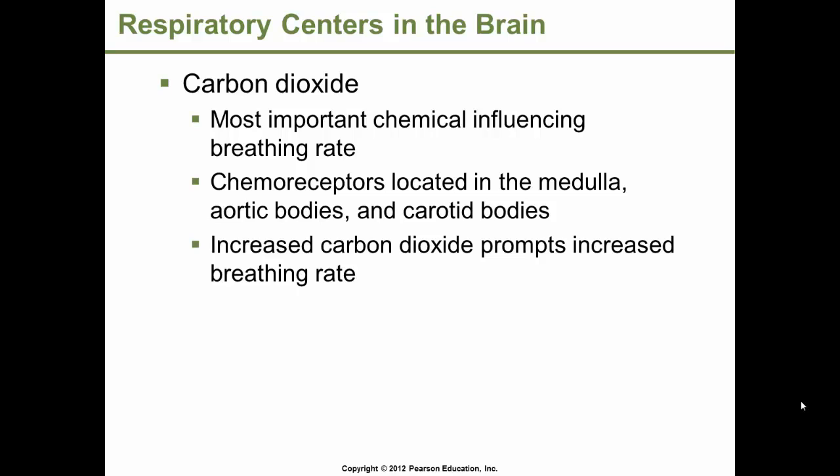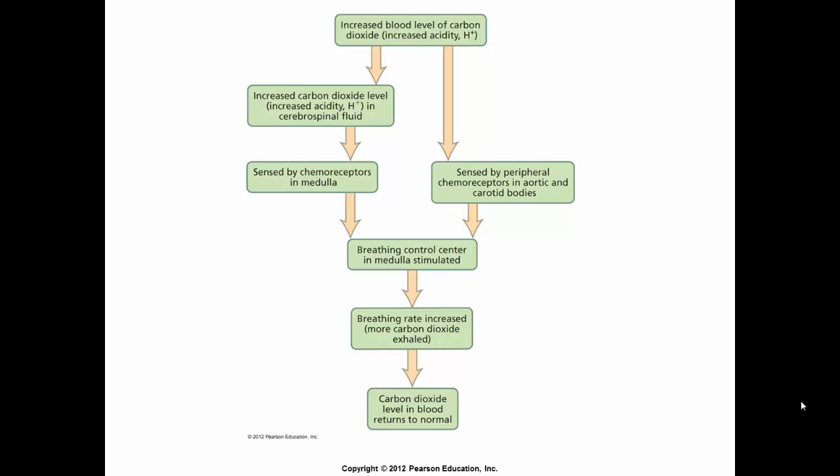Carbon dioxide is the most important chemical influencing breathing rate. There are chemoreceptors located in the medulla oblongata, the aortic body, as well as the carotid bodies. Increased carbon dioxide prompts increased breathing rate to reduce the acidity and maintain the pH of the blood. This chart shows that an increased blood level of carbon dioxide increases the acidity because of the increased hydrogen ions.